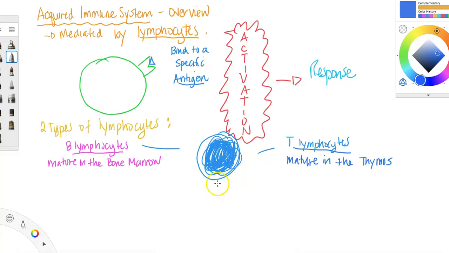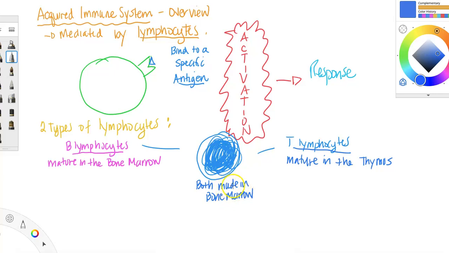Now they are both born in the bone marrow. So both made in bone marrow. But the B lymphocytes stay there to mature, and the T lymphocytes go out to the thymus to do their maturing.